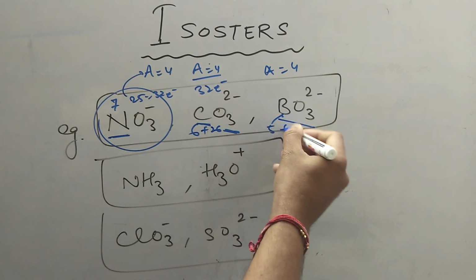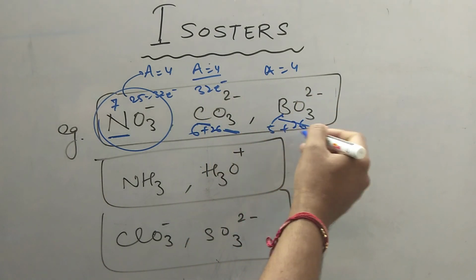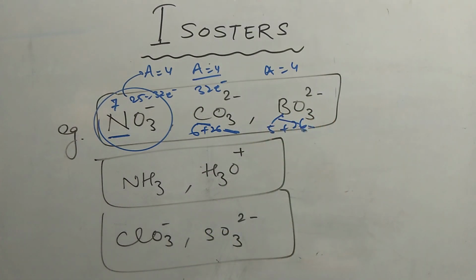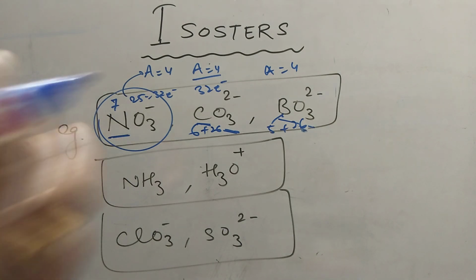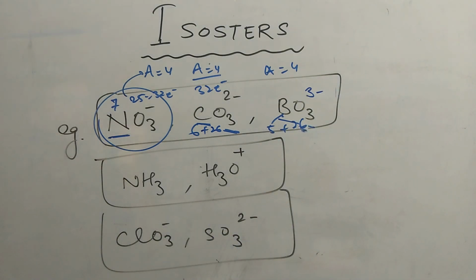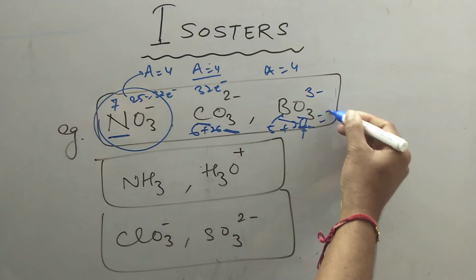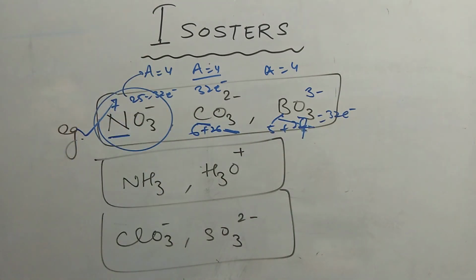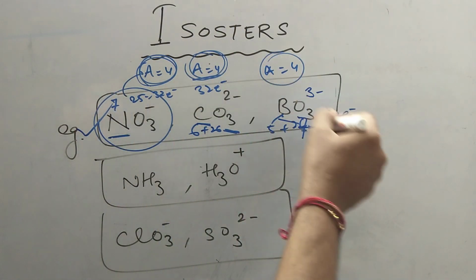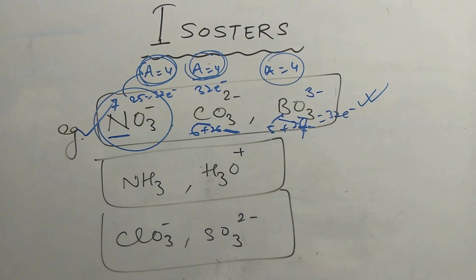Boron is 5, 3 oxygen is 24, and the ion is BO3 3 minus because it is derived from H3BO3, so it will be 27 plus 5, so it is 32 electrons. So you found that in the nitrate ion, carbonate ion and orthoborate ion, every species has equal atomicity, that is 4, and an equal number of electrons, that is 32.